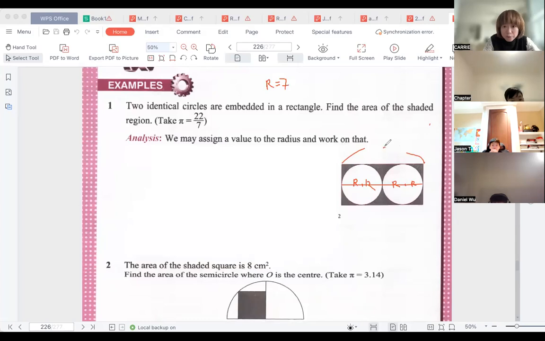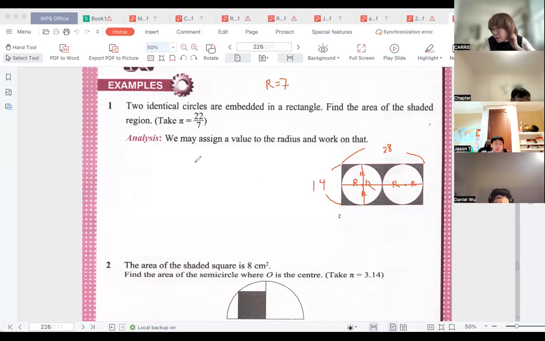Very good. Now there are 2 radii here, so what is the width of this rectangle? It's 14. Very good, 14.